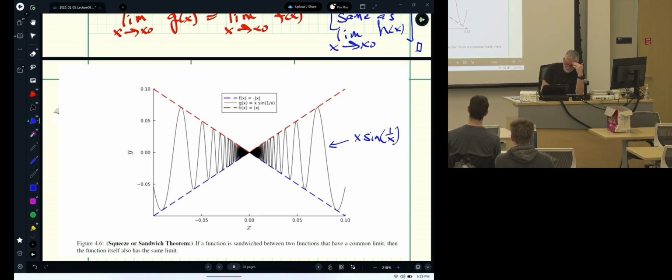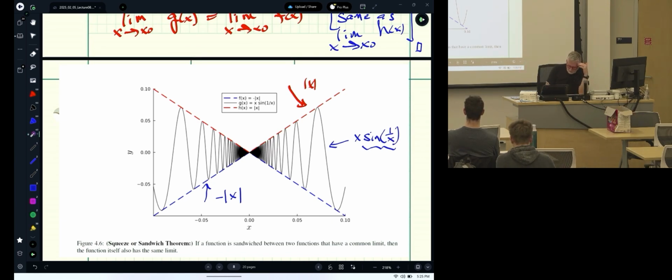Sine of 1 over x is jumping up and down, but x is shrinking down, and so the bounding functions here, this is absolute value of x, and these are minus absolute value of x. And because sine is between plus and minus 1, you can bound x sine of 1 over x between minus absolute value of x and absolute value of x.